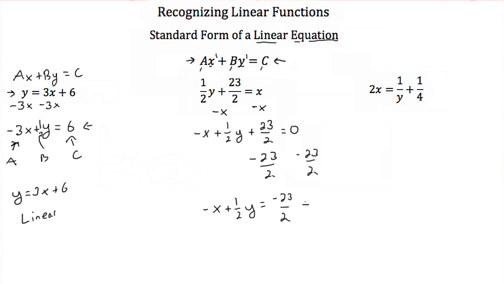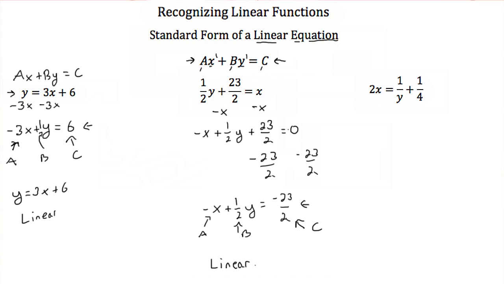This is now in the standard form. Our a is negative 1, our b is 1/2, and our c is negative 23 halves. So our equation 1/2 y plus 23 halves is equal to x is a linear equation.